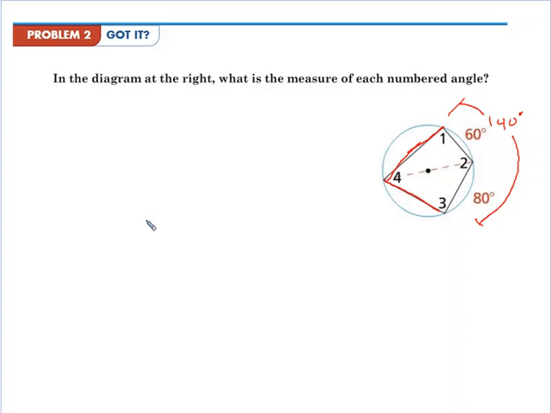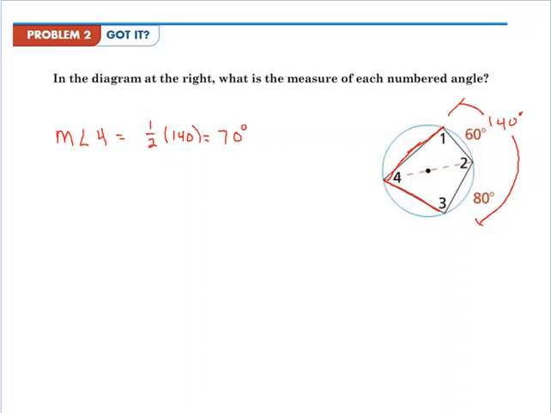All right, and so I'm going to actually mention it first because it'll be half of 140. In other words, 70 degrees. So this one here is 70.